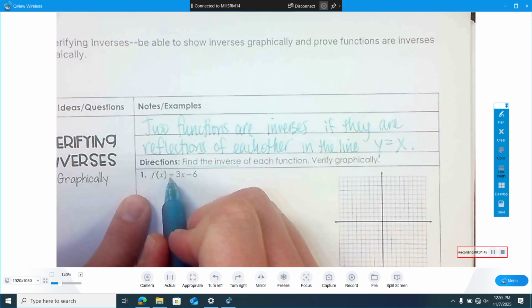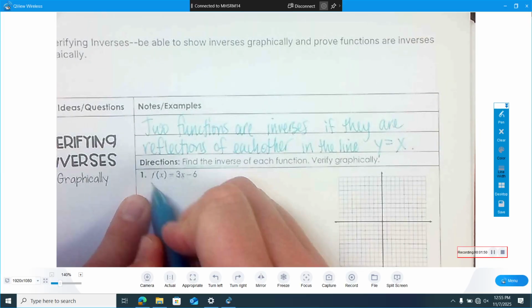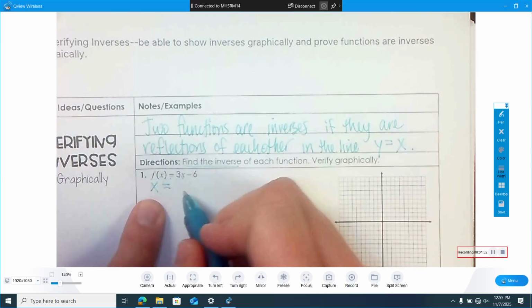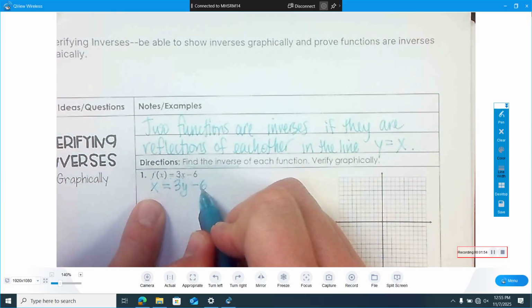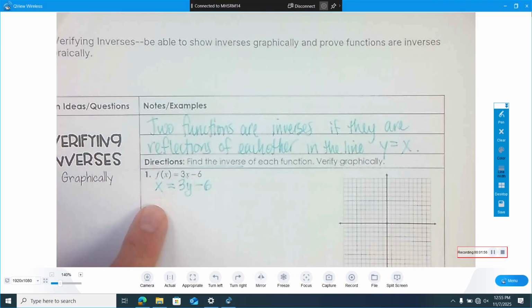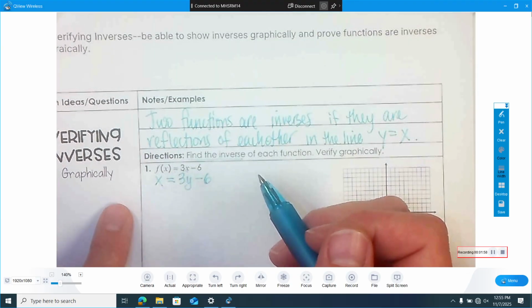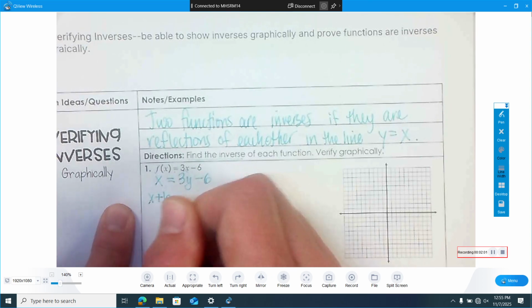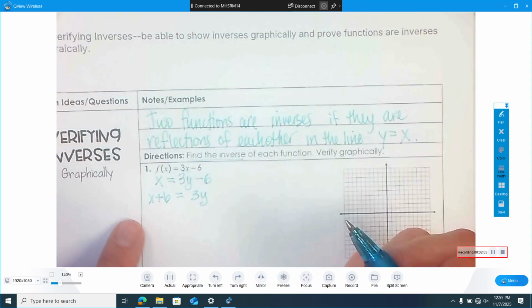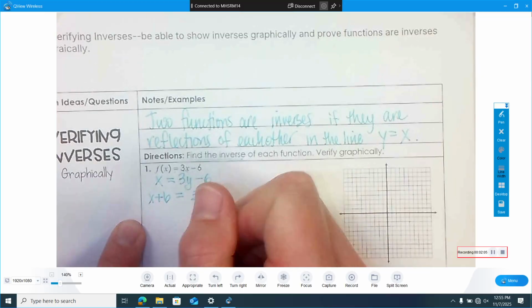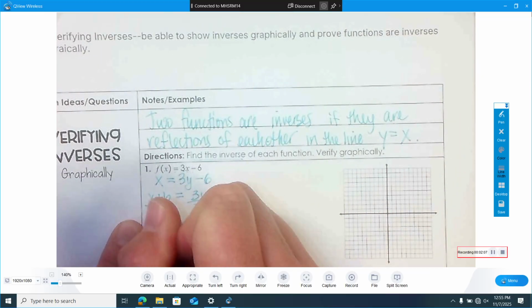So this says y equals 3x minus 6. We're going to change it. Swap your x and y. So x equals 3y minus 6. And then I need to do what to solve for y? Add 6. So we get x plus 6 equals 3y. And then divide everything by 3.